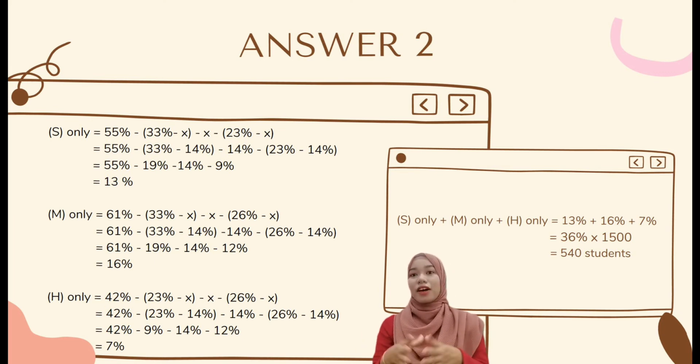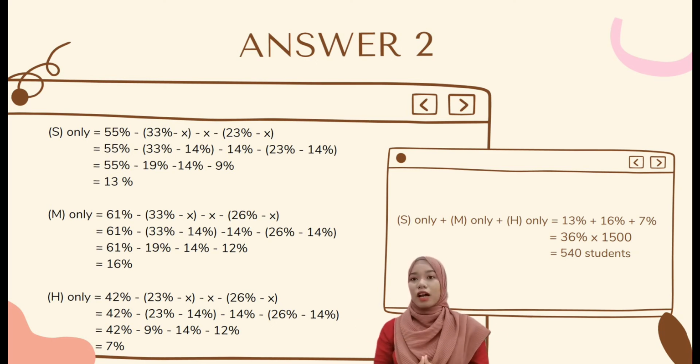To find history only, I conclude 42% minus total of science intersect history, which is 23%, minus 40%, minus total of history intersect mathematics, which is 26%, minus 40%, and I get 7% for history only.